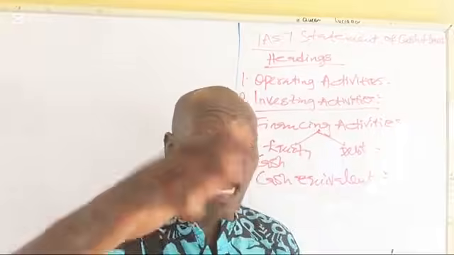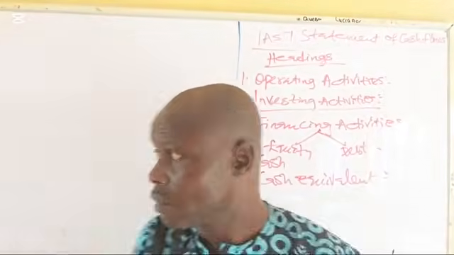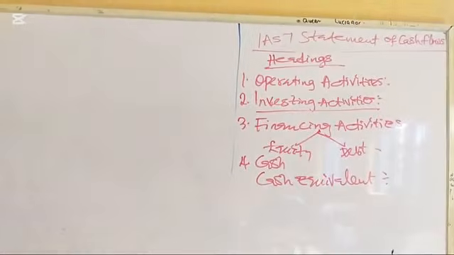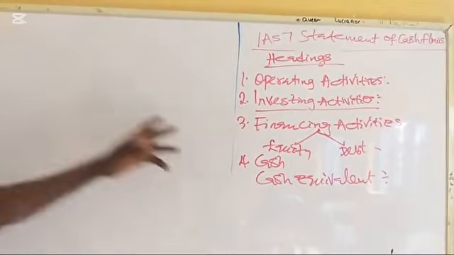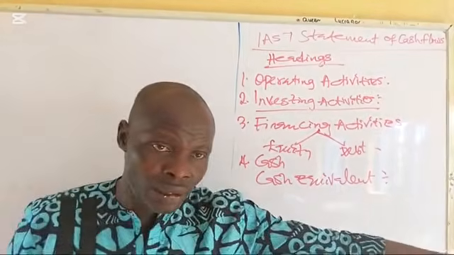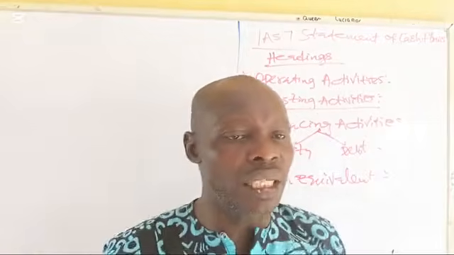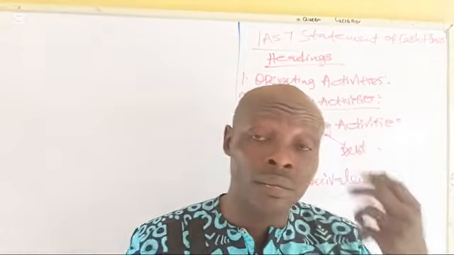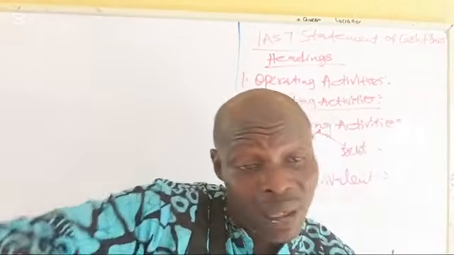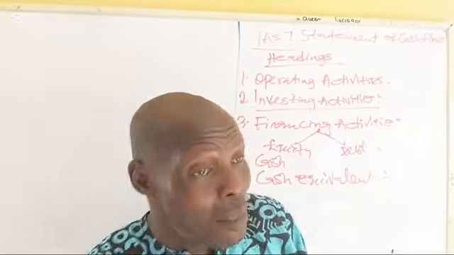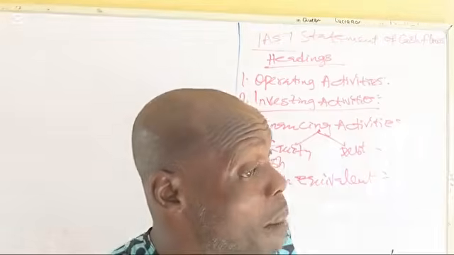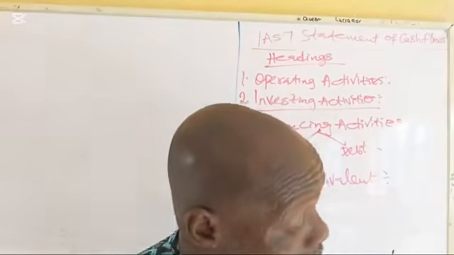Cash means cash in hand and demand deposit with a bank. Cash in hand and demand deposit. That is cash. Cash you have in hand already. All the money you have in the bank, if you need your money back, you will just put the money there.